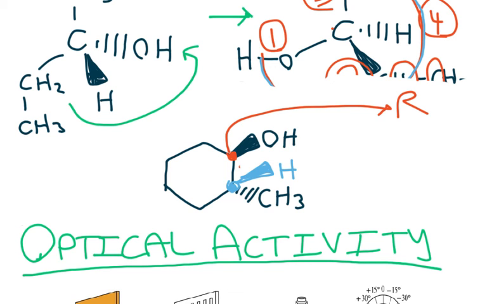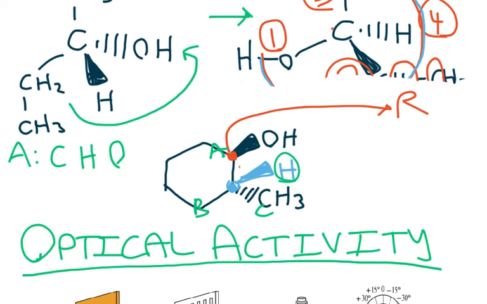So priority number 1 is kind of a tie, right? Because we have hydrogen, carbon, carbon, not that carbon, this carbon, and that carbon. So we have 3 carbons. We're going to term them A, B, and C. So A is bonded to 1 carbon, 1 hydrogen, and 1 oxygen.